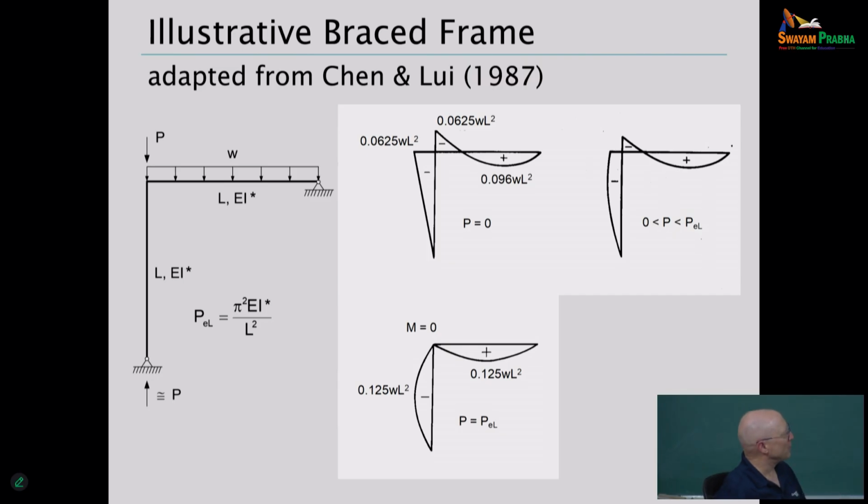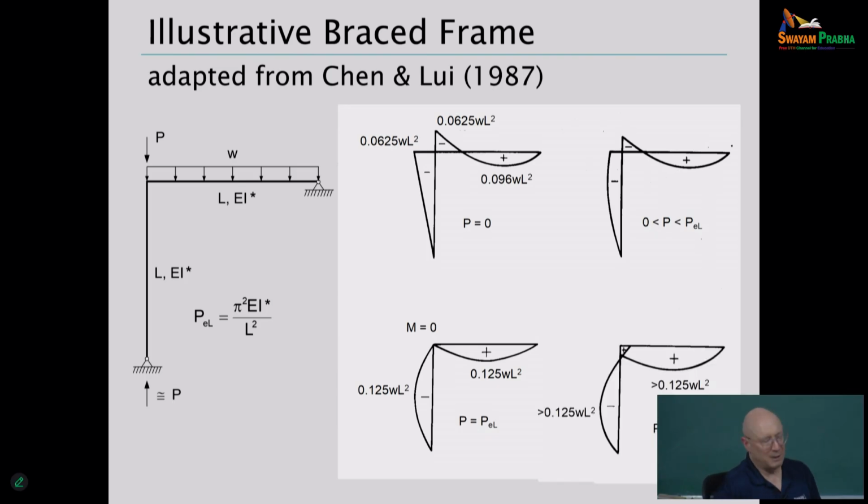So this is a situation, at some extremes, where you have to be careful. You say, oh, this beam needs to be designed for larger moment because of second order effects. The moment amplifier is not going to give that to you.